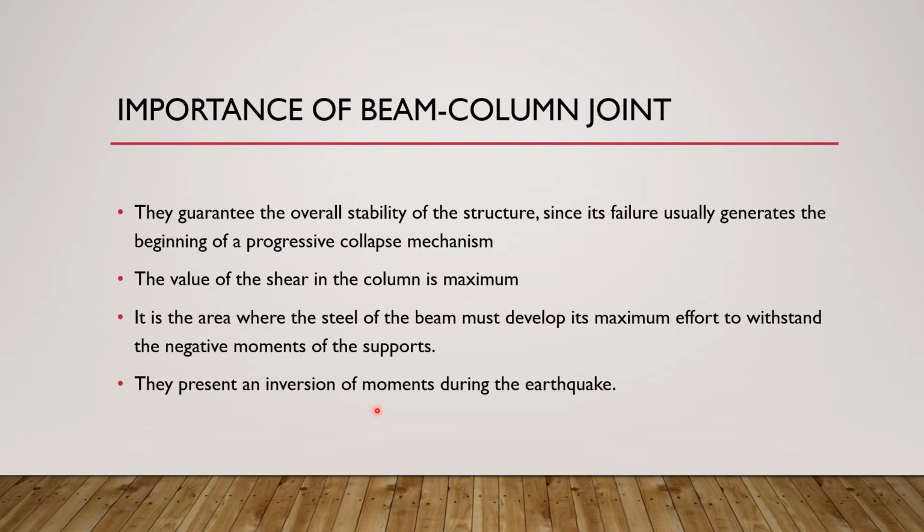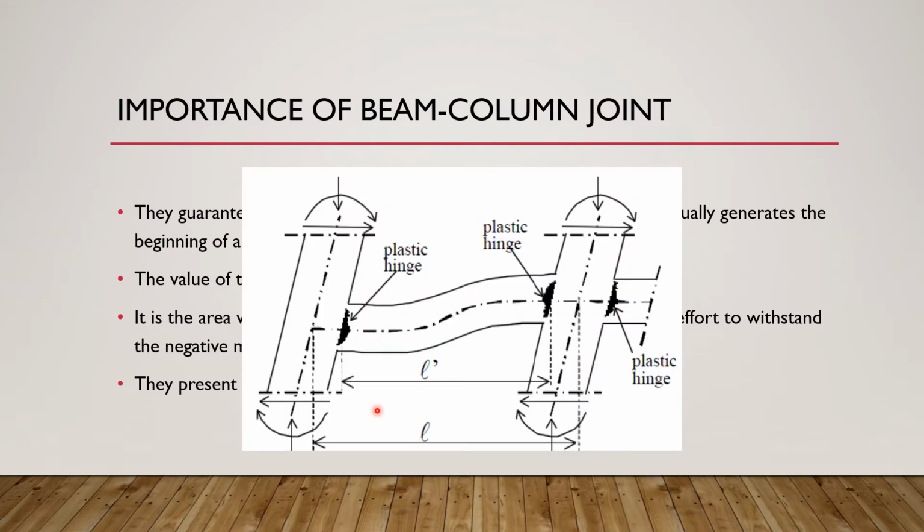Lateral loads produce moments that must be transferred between beams and columns at all joints. As will be demonstrated subsequently, this moment transfer can produce very high shear stresses in beam column joints, as we can see in the next slides.